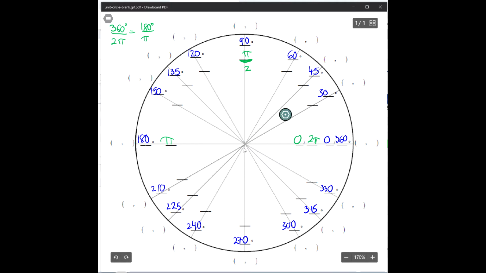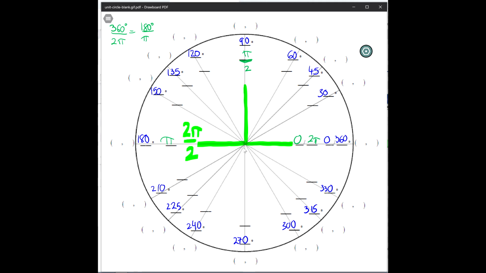Okay, I will take this one smaller right here. So this will be 0 pi. This will be 1 pi over 2, which is pi over 2. The next one will be 2 pi over 2. Okay, I can write it as 2 pi over 2. And what does 2 pi over 2 mean? I can reduce it.